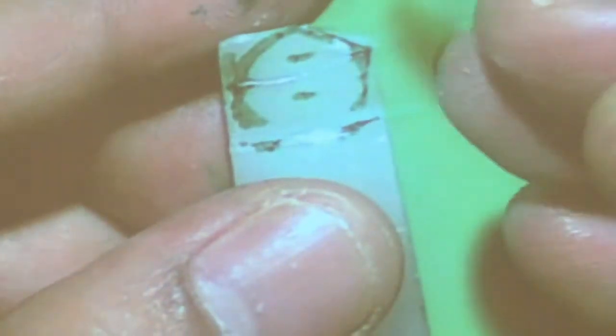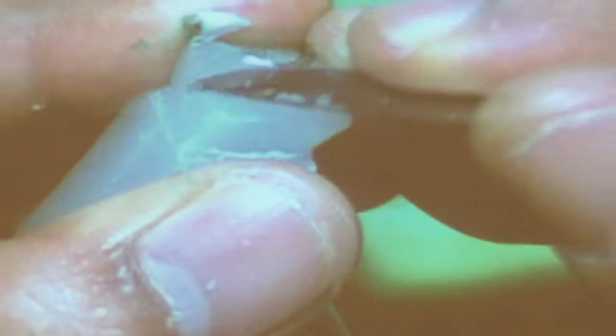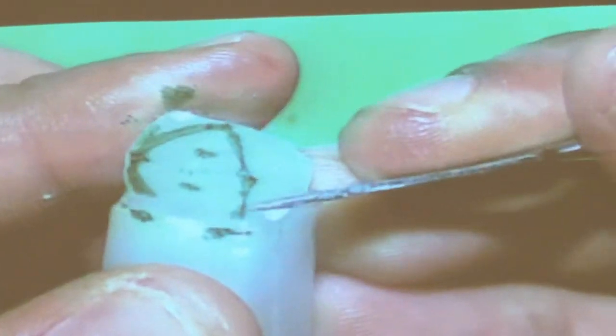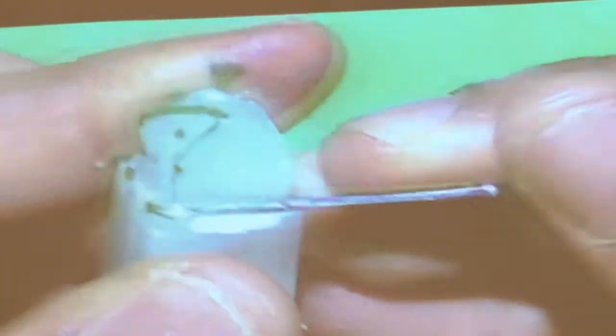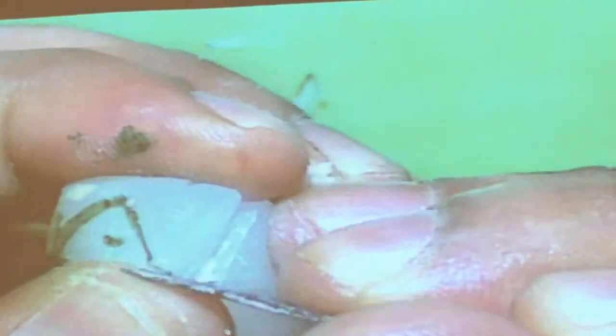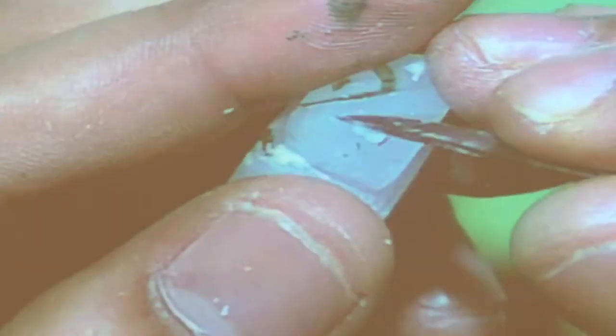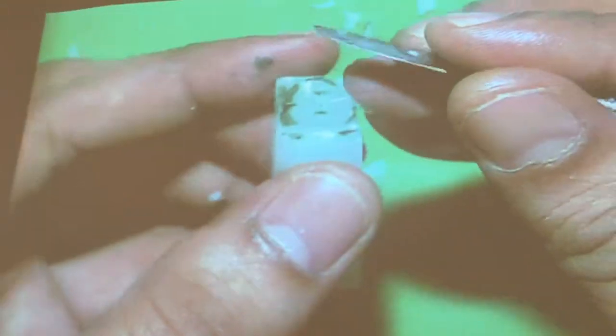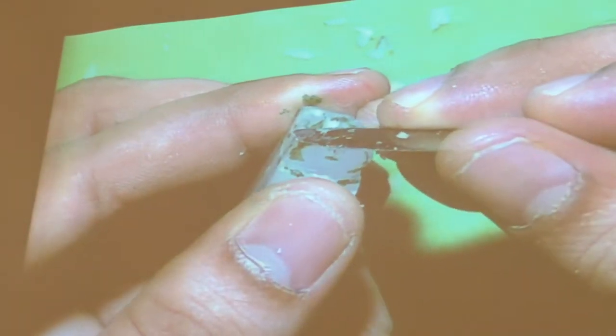This part I've done, and I will be doing this lingual side. So this part and this one. So I'm doing the labial one.